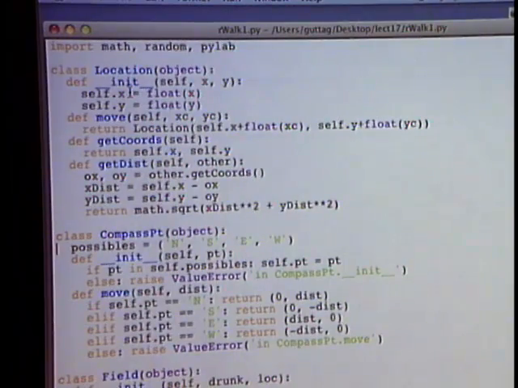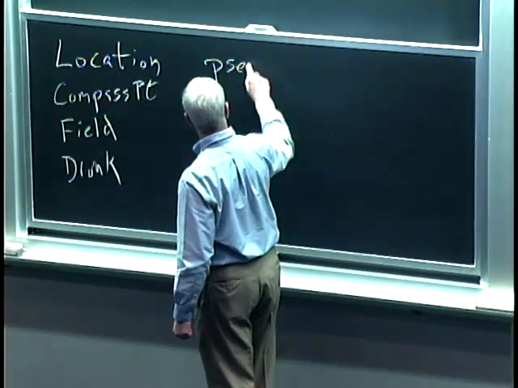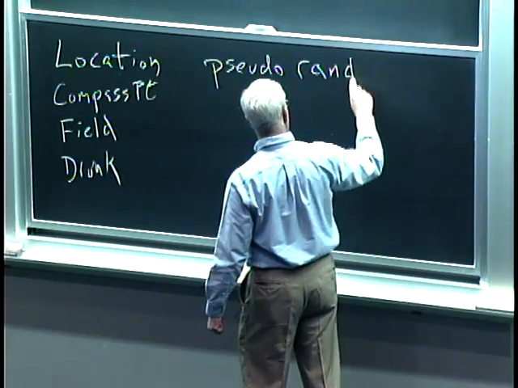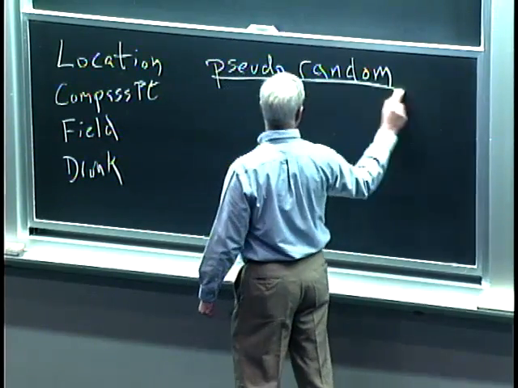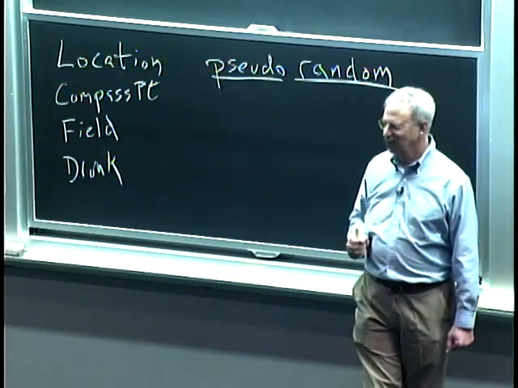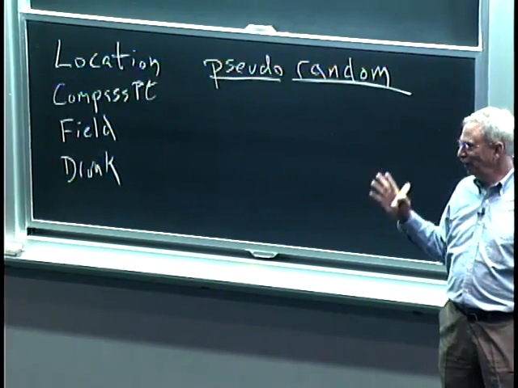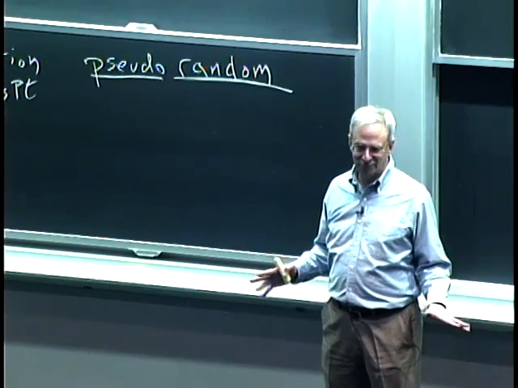But it actually provides something that technically is pseudo-random. Which means that as far as we can tell, it's behaving randomly. But since the computer is in itself a deterministic machine, it's not really random.